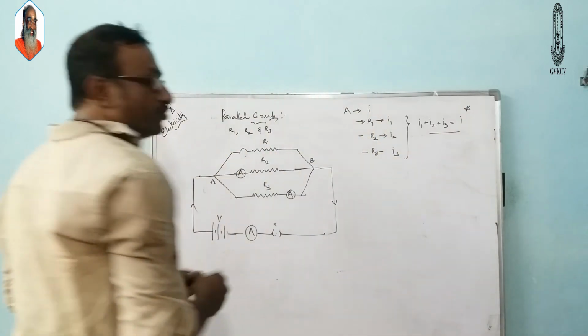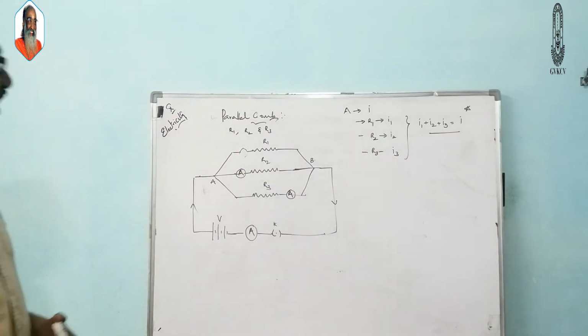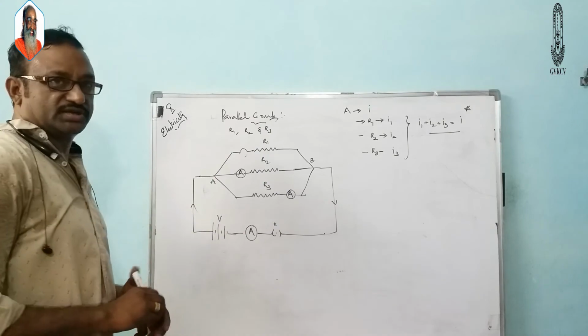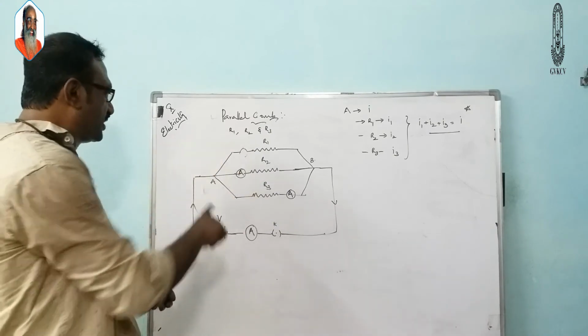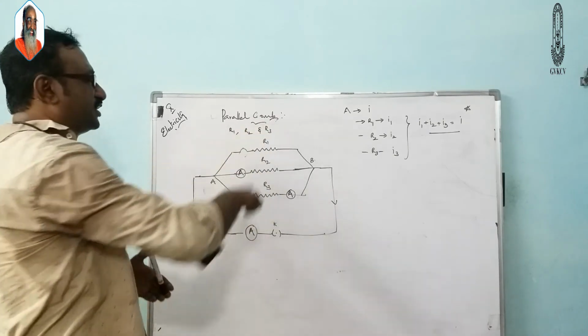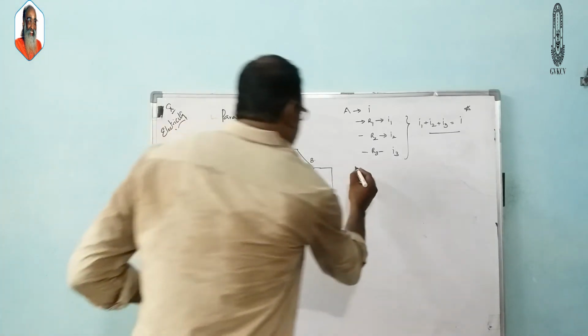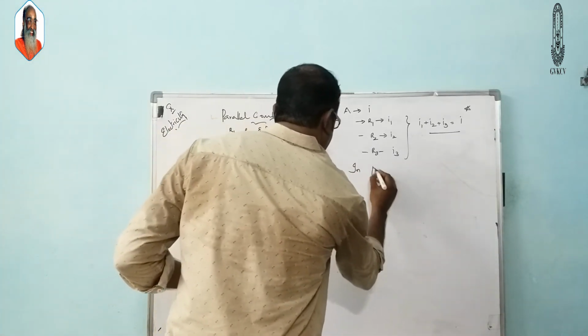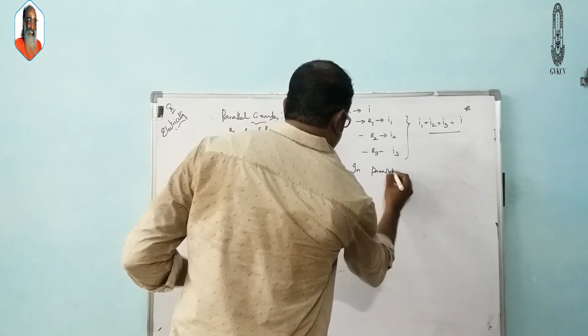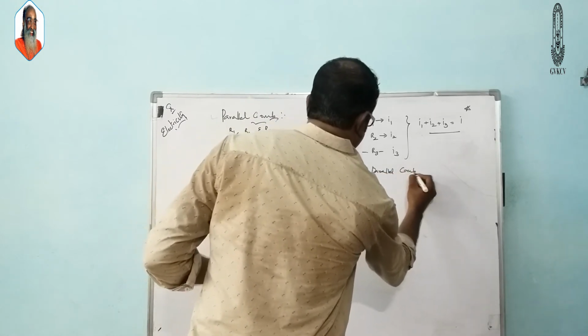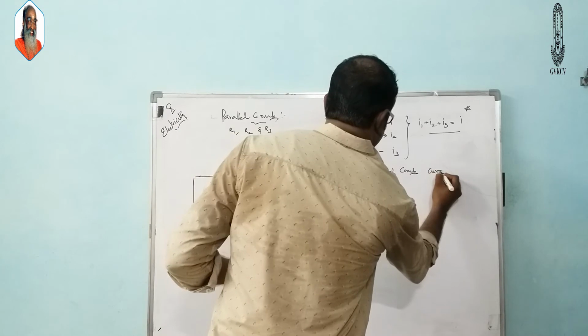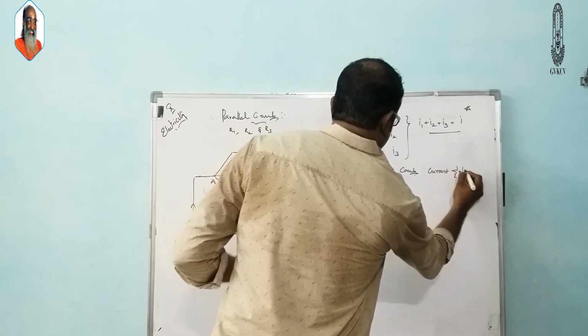Okay, so now from this we understood that the current in this combination is getting divided. The current in this combination, that means in the parallel combination, is getting divided. So in parallel combination, current gets divided.